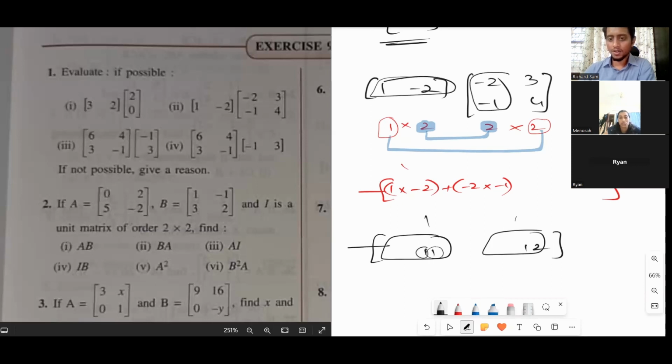How do you do this? 1 into minus 2 plus minus 2 into minus 1. That is the order. So first 1 into minus 2. See how I've written here, 1 into minus 2 plus minus 2 into minus 1. So first row with the first column.